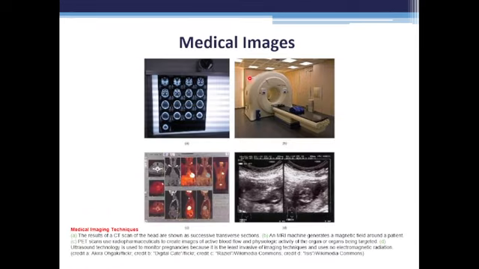Let's talk about different medical images. First, this is a CT scan, or what we call computed tomography. In the picture, you can see the CT scan of a head in successive transverse sections.